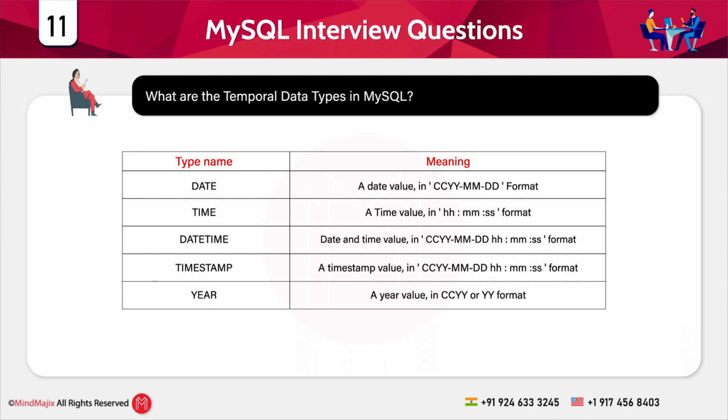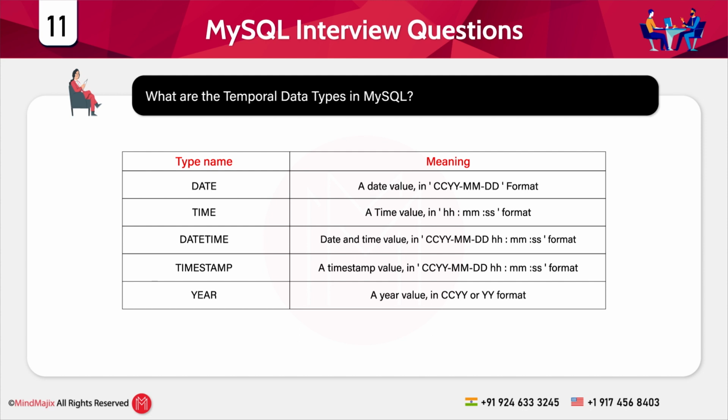So if you talk about date, so here you have date value in the format year, month, and day. Apart from this, if you talk about time, so this data type has a time value in this particular format, like you have hours, minutes, and seconds. If you talk about date time, so this is a combination of date as well as time in the format year, month, and date, and hours, minute, and seconds format.